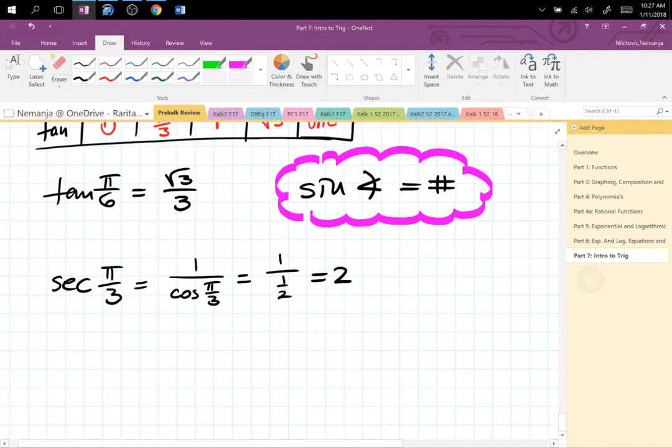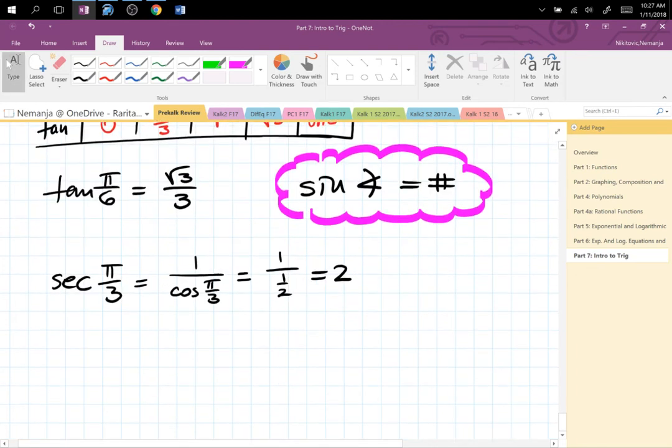Now, this is the standard way of dealing with those three that are not in the chart, because they're flips. Don't say inverses. They're not inverses. They're just flips, okay? You swap denominator and numerator. For inverses, you swap domain and range.